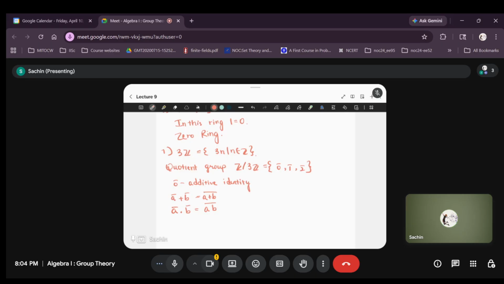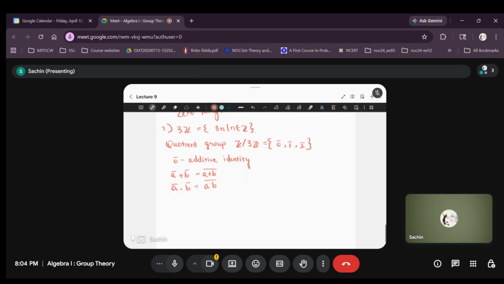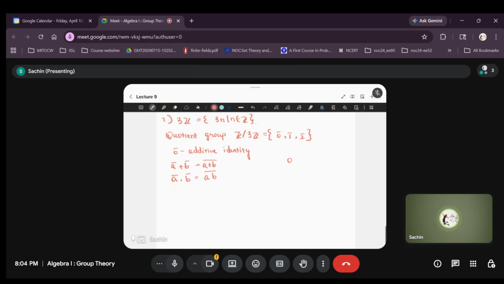Yes, you can write it, but again, the table is for groups, and under multiplication, this is not really a group. So you can draw it for the addition part.